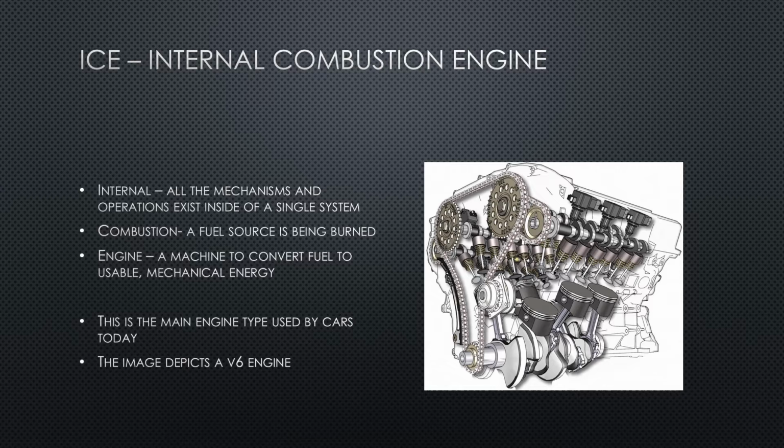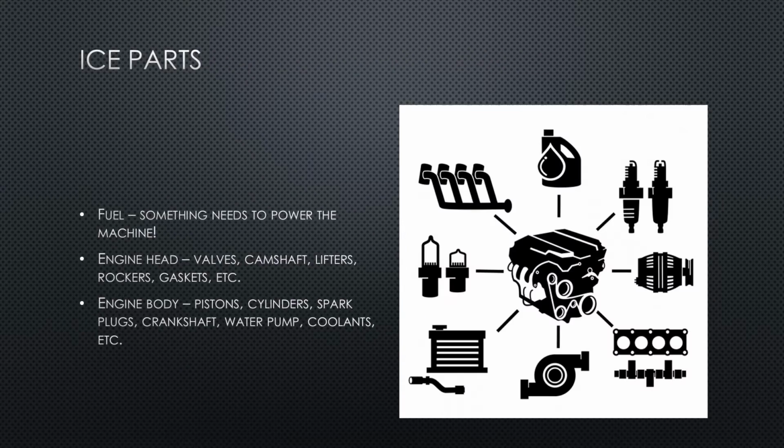So that's where the V comes from. And then the 6 comes from the amount of cylinders. So in the image there, you can see at the bottom those 3 cylinders, and that's 3. And the other side mirrors that and has another 3 for a total of 6, right? So now you know where that comes from. Just kind of interesting, right?